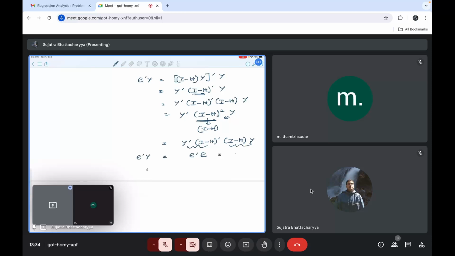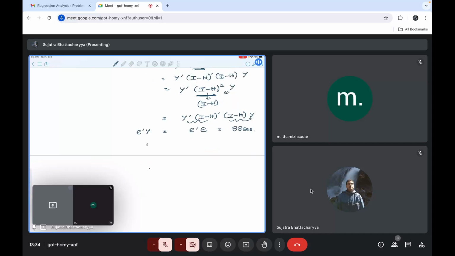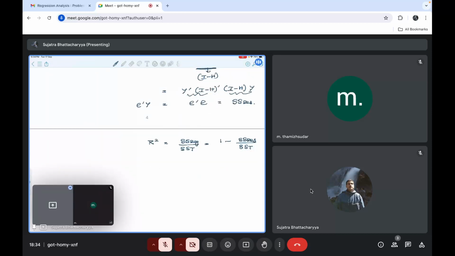And what is this? This is SS residual. We know R square is equal to SS regression divided by SS total, or you can say 1 minus SS residual by SS total. The options are in terms of R square, that's why I'm writing like this. So 1 minus R square into SS total is nothing but SS residual.